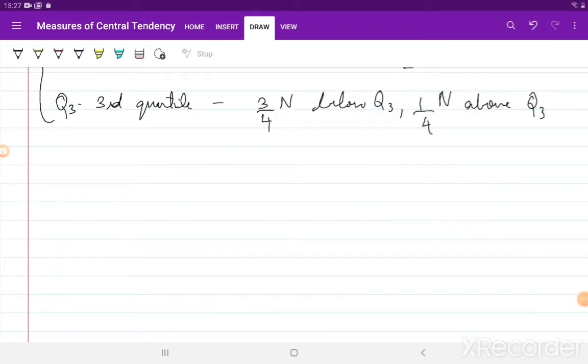If you remember the formula of the median, the formulas of the first, second and third quartiles are very related and similar to it.